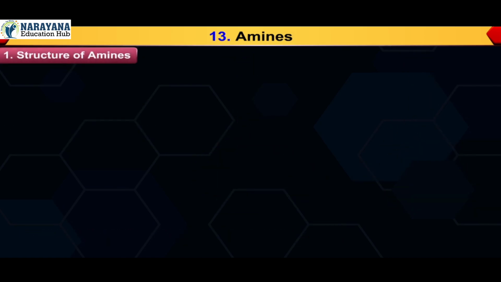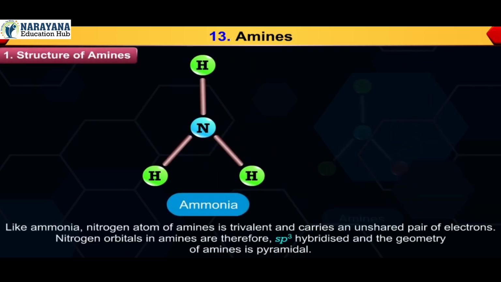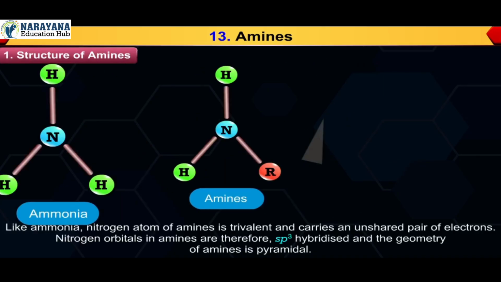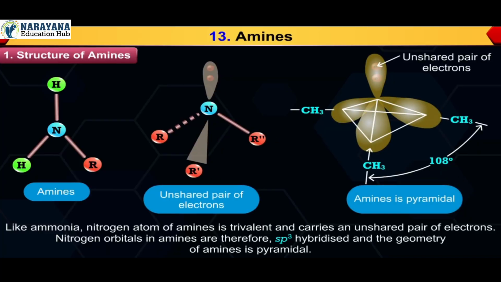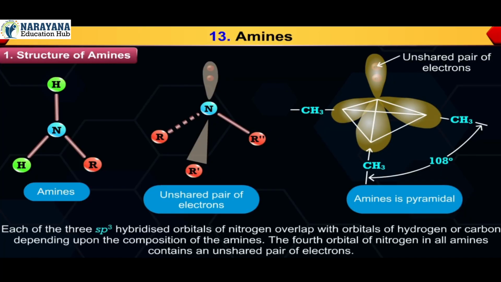1. Structure of amines. Like ammonia, nitrogen atom of amines is trivalent and carries an unshared pair of electrons. Nitrogen orbitals in amines are therefore sp3 hybridized and the geometry of amines is pyramidal. Each of the 3 sp3 hybridized orbitals of nitrogen overlap with orbitals of hydrogen or carbon depending upon the composition of the amines.